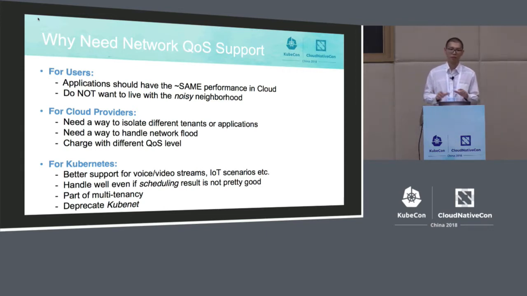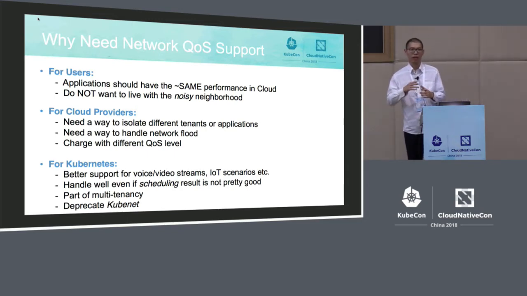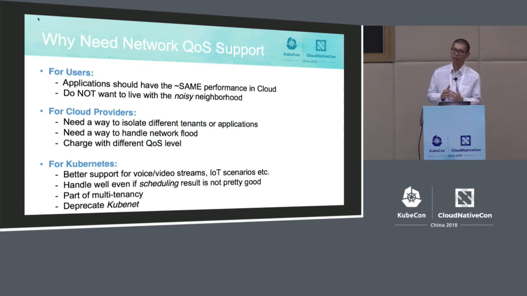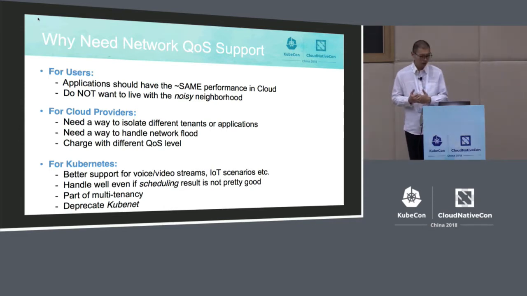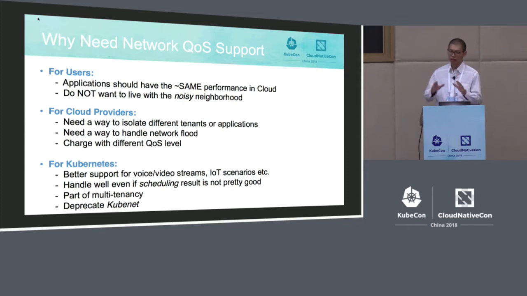Kubernetes has become the default standard for container orchestration. It will better support video streams and IoT scenarios, which are very sensitive to bandwidth, and it can offer better support.